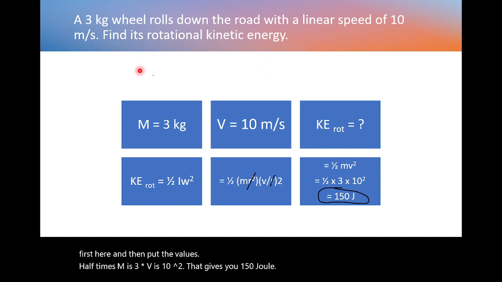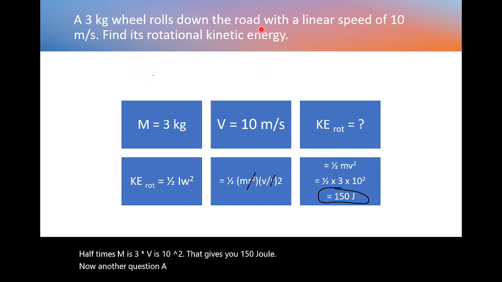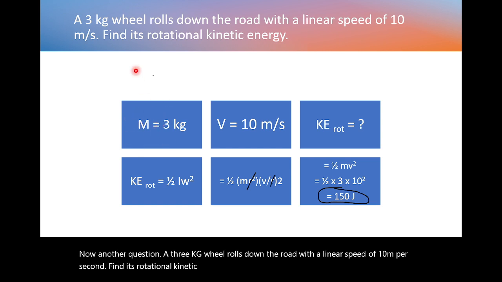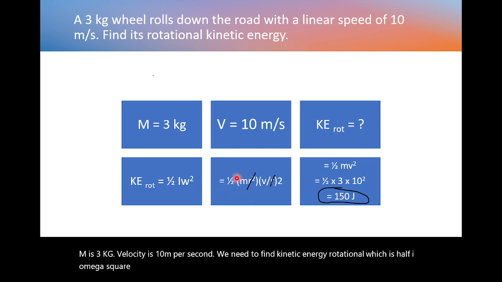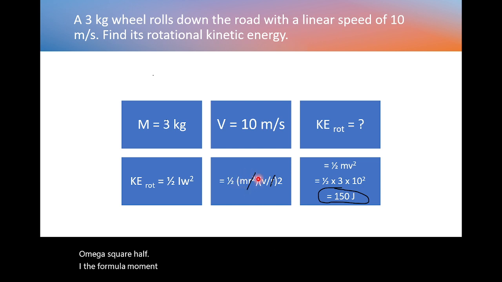Now another question: a 3 kg wheel rolls down the road with a linear speed of 10 meter per second. Find its rotational kinetic energy. You can see the same numbers as the previous question. M is 3 kg, velocity is 10 meter per second. We need to find kinetic energy rotational, which is half I omega square. Half I, the formula for moment of inertia we discussed in the table, m r square, multiplied by omega square, which is velocity divided by r.